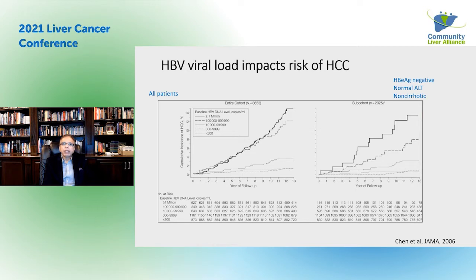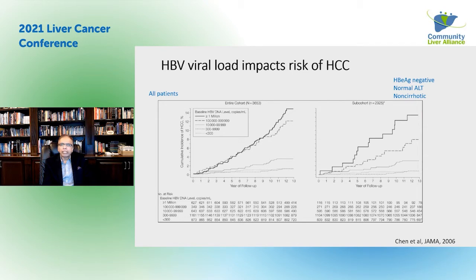HCC. Now, on the right is the subgroup of patients who were not cirrhotic, have normal ALT, and were HBe antigen negative. The significance of HBe antigen negativity is that it usually indicates a quiescent disease.